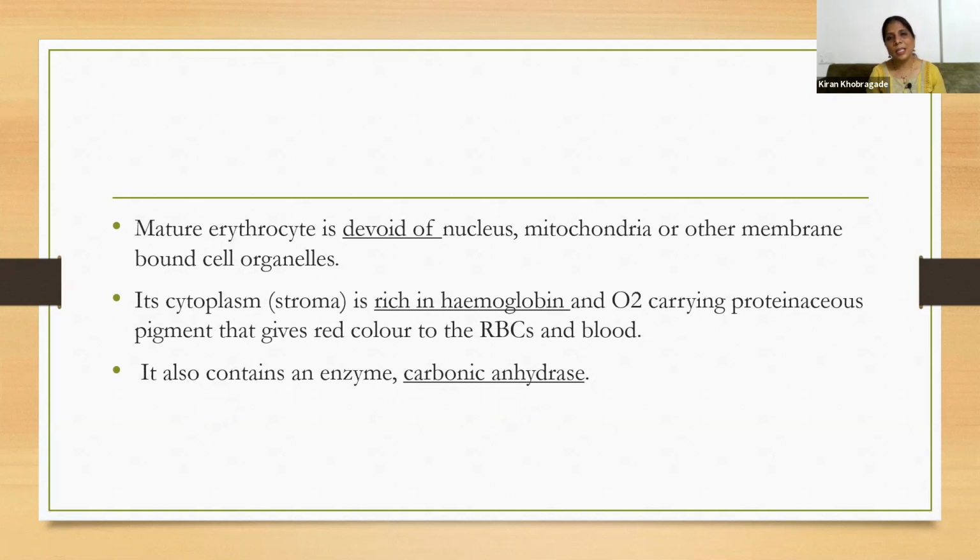We had studied in the part of respiration about the carbonic anhydrase. Yes, it helps in breaking of sodium bicarbonate ions. Okay, so it contains an enzyme called carbonic anhydrase, whereas the red color of blood is basically because of the hemoglobin pigment in the RBCs.